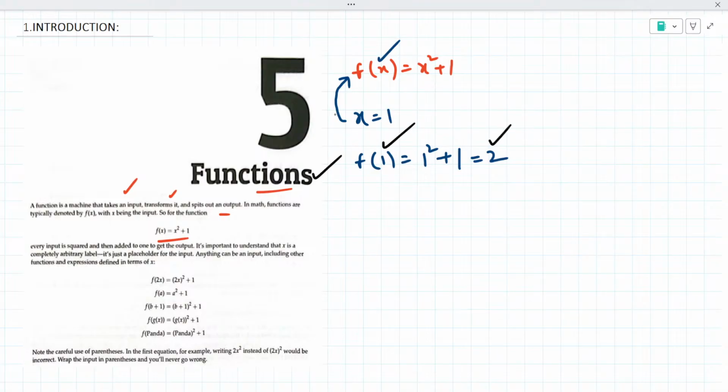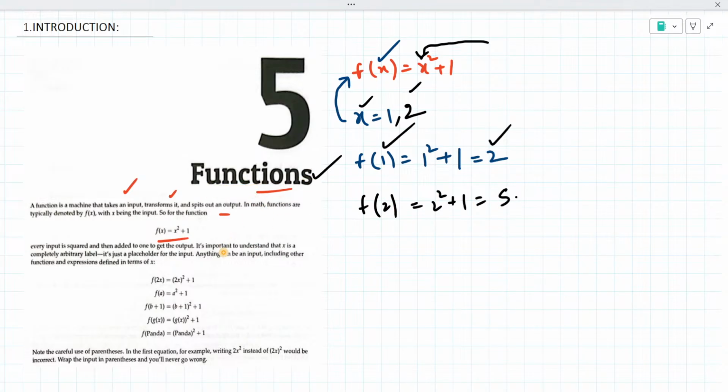That's what a function means. If your input is 2, now what happens? f of 2 equals 2 square plus 1, that equals 5. Just inputted 2 in the place of x. So for every input you are going to get an output. That's what a function means.